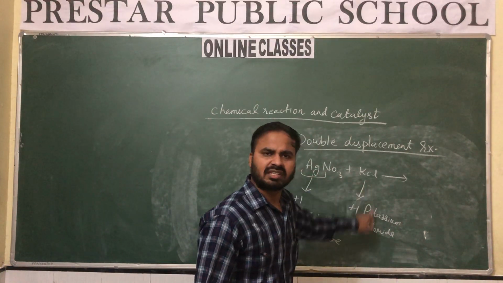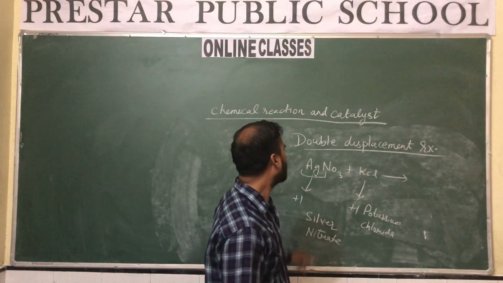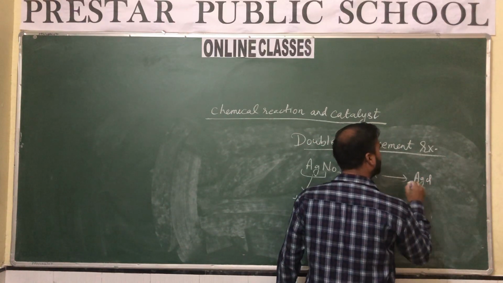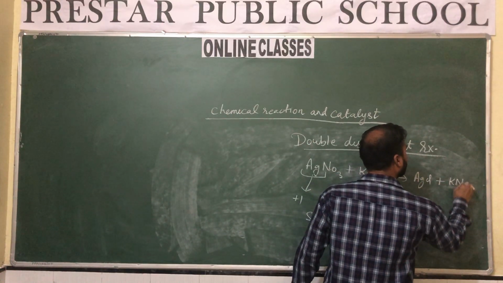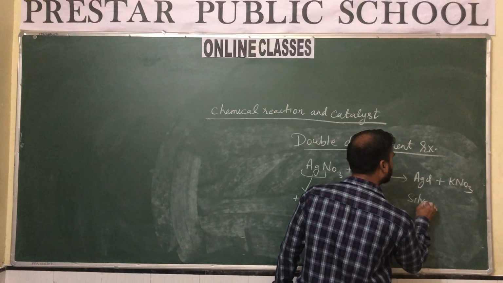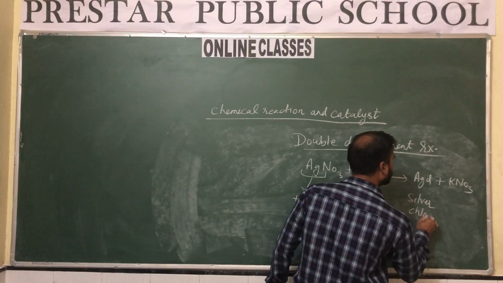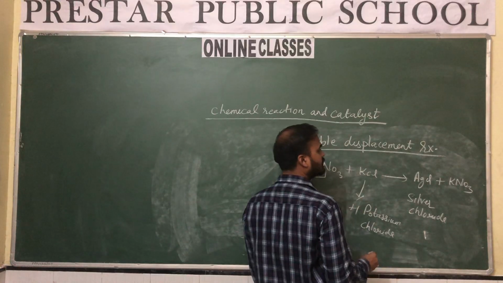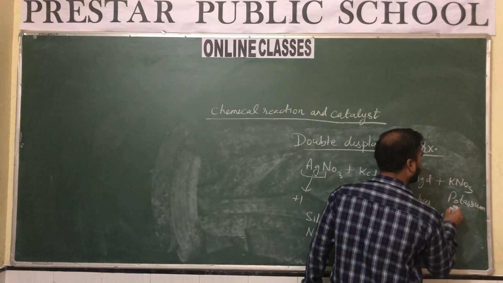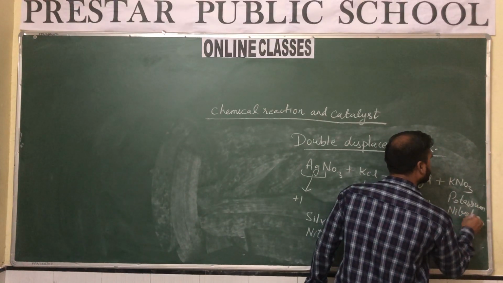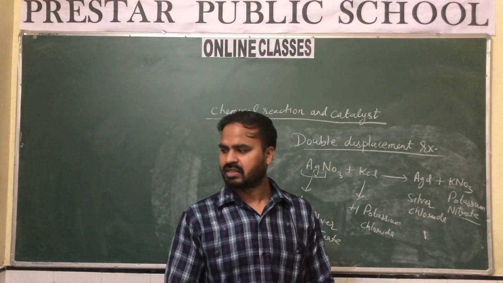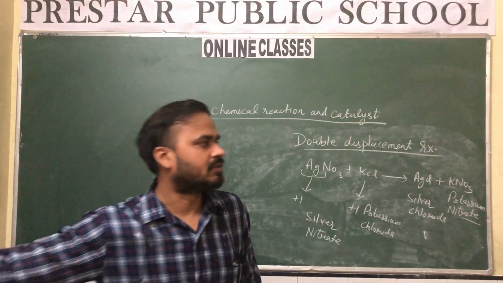So the atoms of both reactants displace each other, and it changes into AgCl plus KNO3, silver chloride and potassium nitrate.